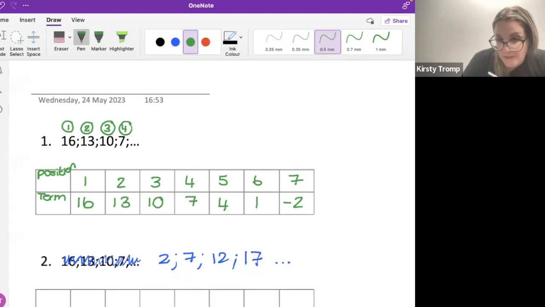Now, in maths, we have some letters that represent that.